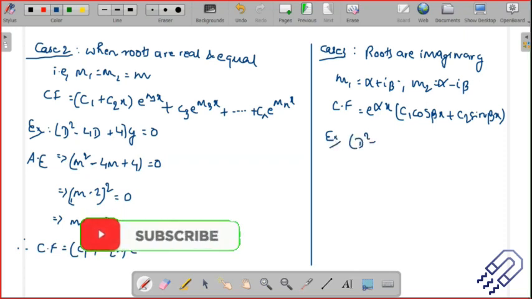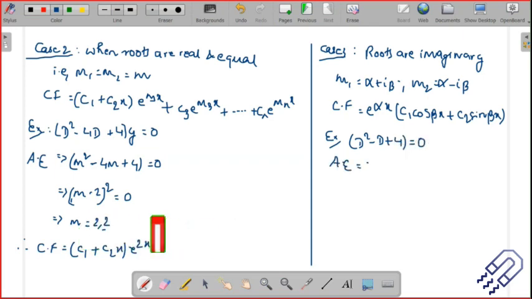D square minus d plus 4 is equal to 0. The auxiliary equation is m square minus m plus 4 is equal to 0. To solve it, you can use the quadratic formula.